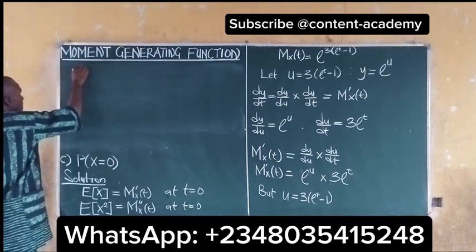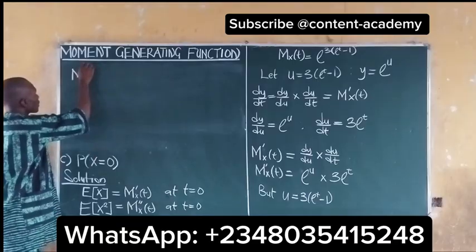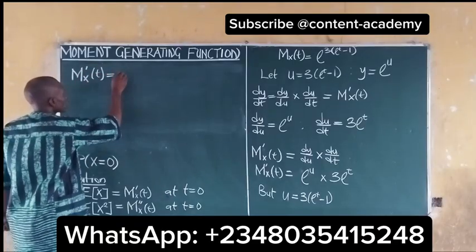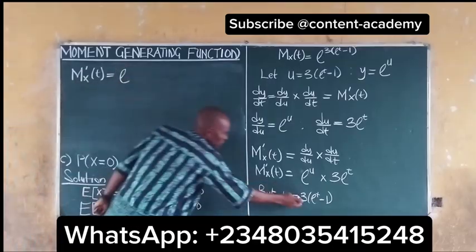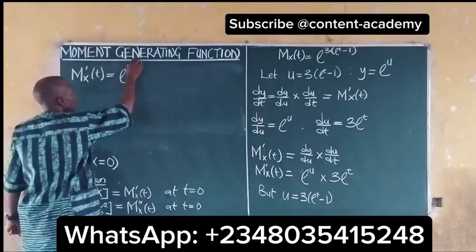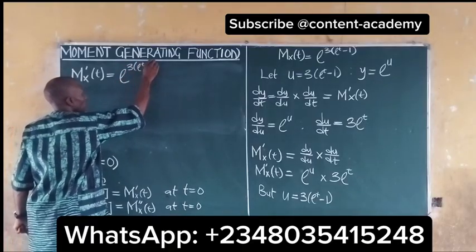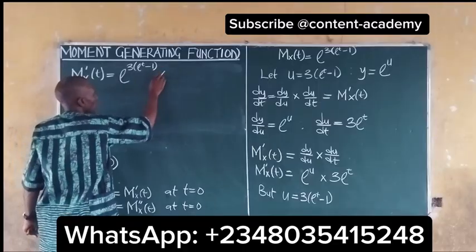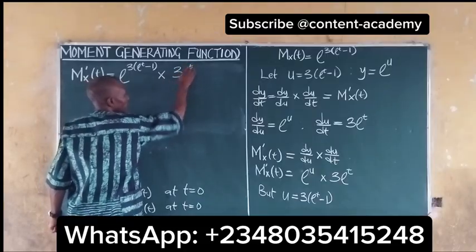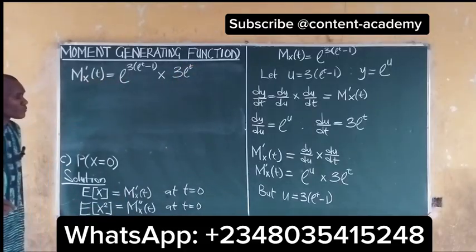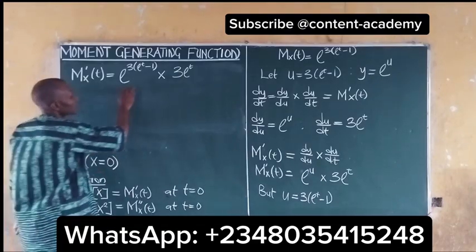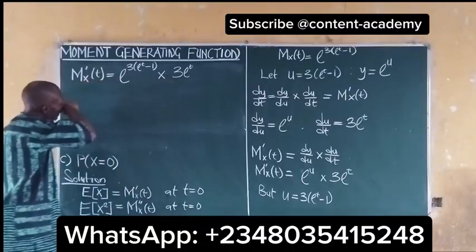The derivative will give us exponential, substituting u, we have exponential 3(e^t minus 1) multiplied by 3e^t. So this is our first derivative.